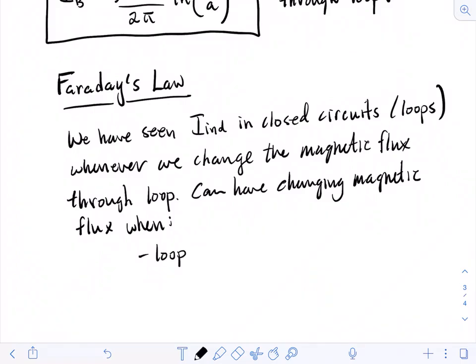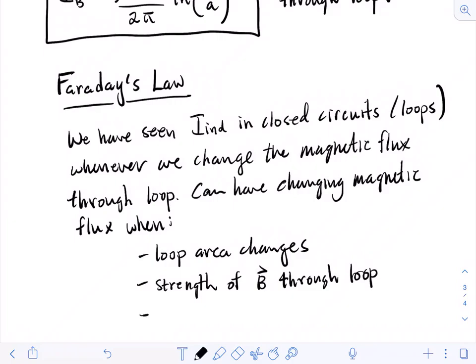So we could have the loop area change. We also imagine taking a permanent magnet and moving it towards or away from a coil of wire. And so we could change the strength of the magnetic field through our loop.